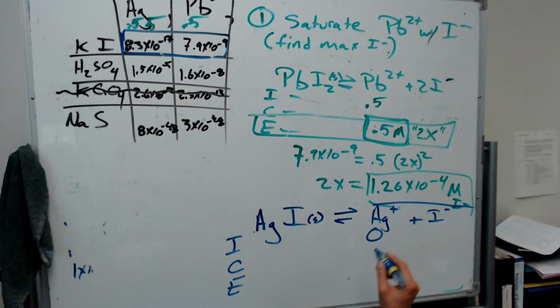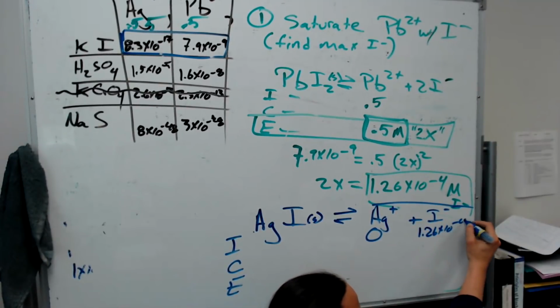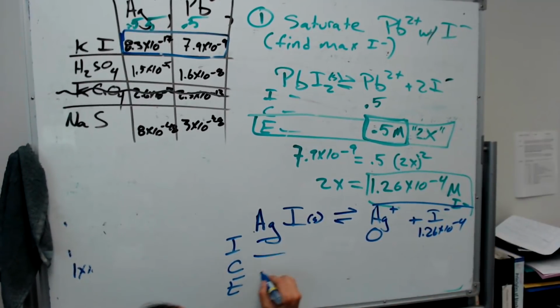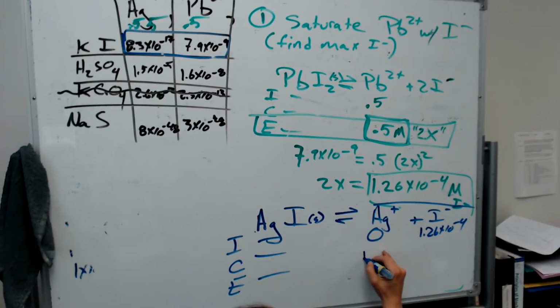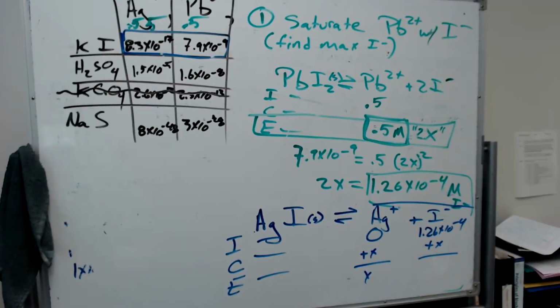And this number that we solved for is our iodide concentration. Don't care about the solid. Plus x, approximately x. Can we use x as small? Like that iodide concentration is pretty small. It depends on what.